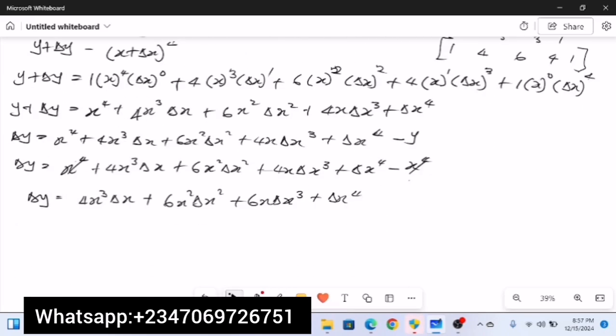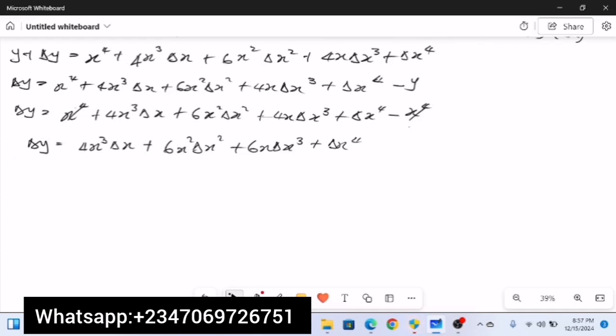So at this point, all we simply do is, since we're looking for the change in y over change in x, we divide both sides by change in x, right?